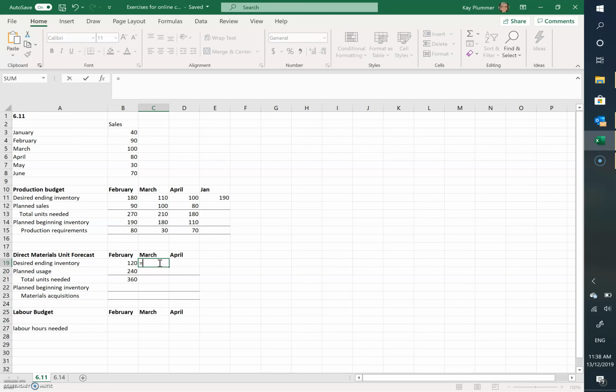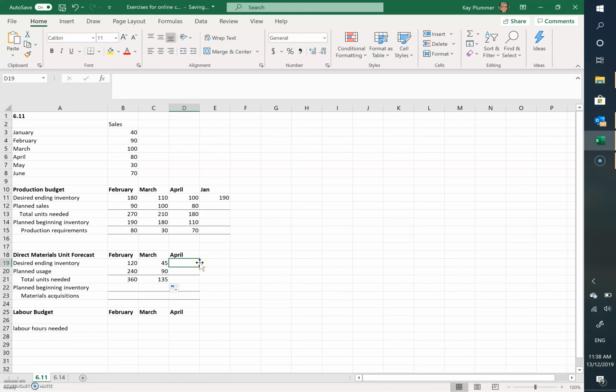So it's going to be 3 times 30 divided by 2, because we only want the raw material equivalent to half of the current month's usage. And this is 3 times 30, which is 90, and we add these across. So we're going to need 135 units of raw material.